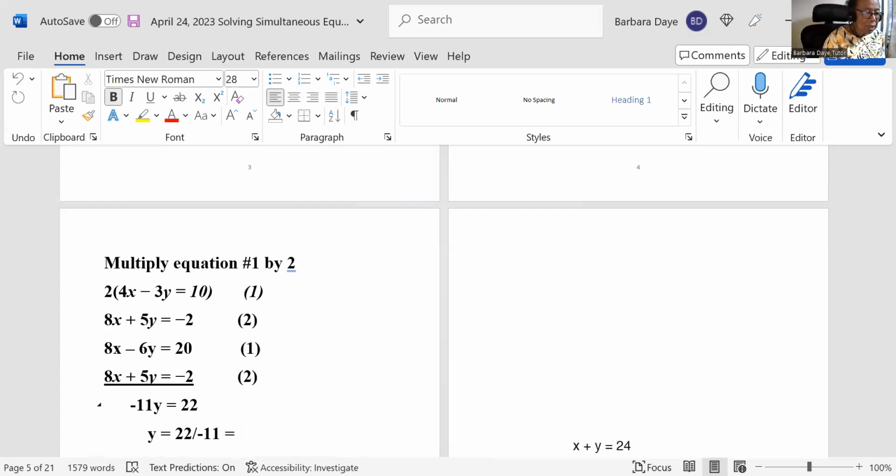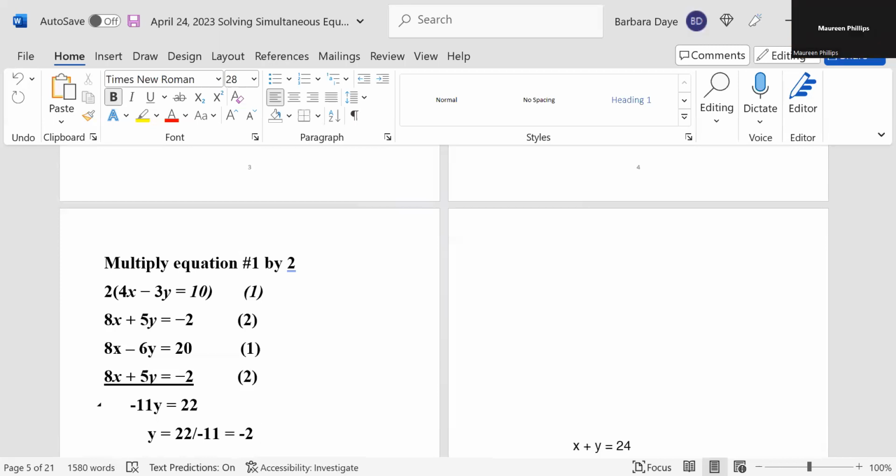So what's that equal to? Audrey, what number times 11 gives 22? 2. So what would it be, Audrey? Negative 2. That's it, negative 2.